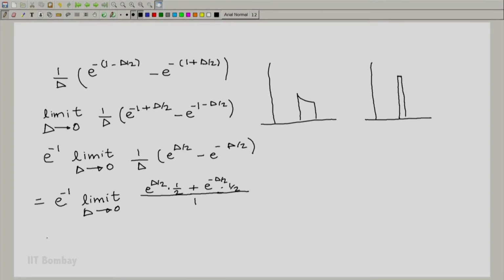So L'Hopital's rule gives you a very convenient expression. Yes. It is e raised to minus 1, or 1 by e. Very good. So that's how you can go through the process, and because we drew it graphically, it is much more intuitive than just the mathematical part. So in fact here it clearly illustrates to you with a simple example how this impulse sifts out.